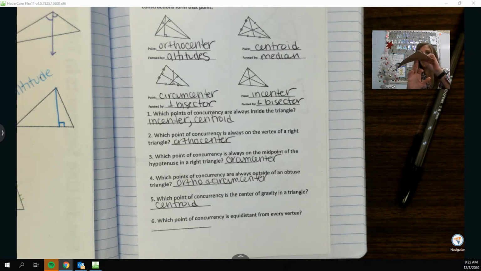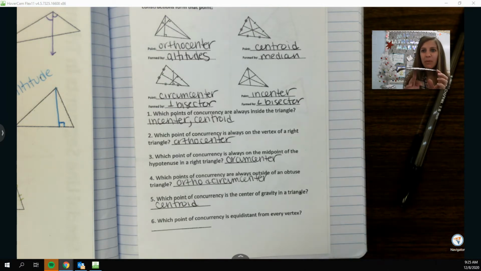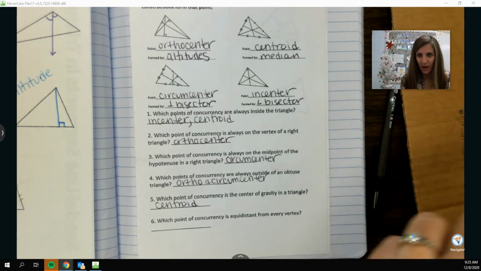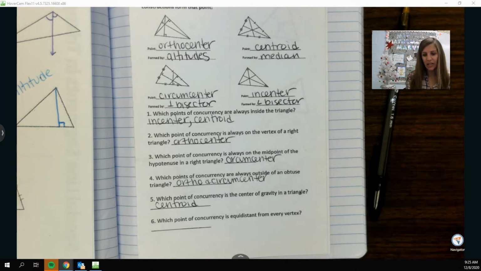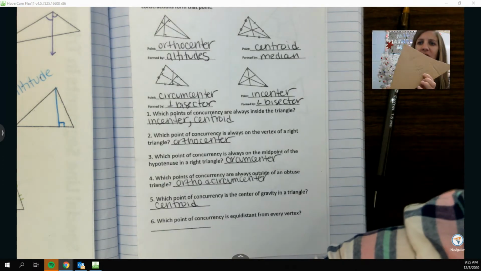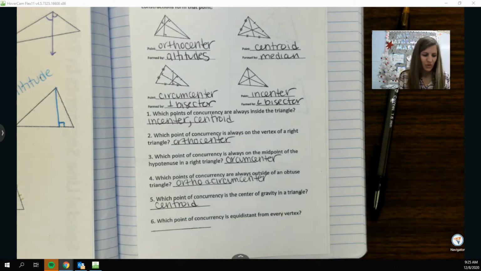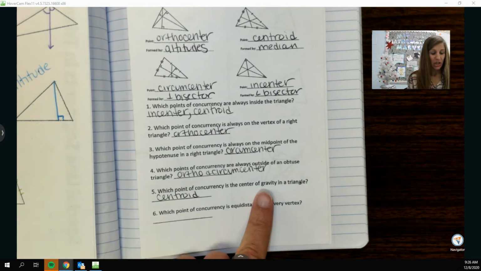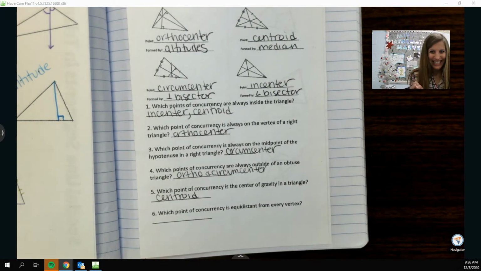I promise you my finger is on it. But if I put my finger anywhere else, the triangle is just falling off. So if I try to put it on any other center, like you can see, the circumcenter is going to be way too low. So neat. So the centroid is our center of gravity.